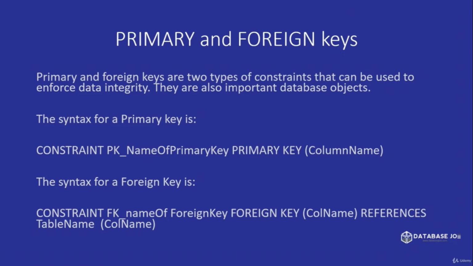A foreign key is a column or combination of columns within the table that is used to establish and enforce a link between the data in two tables to control the data that can be stored in the foreign key table. For example, with our table called order line items, this table has a column called order ID.